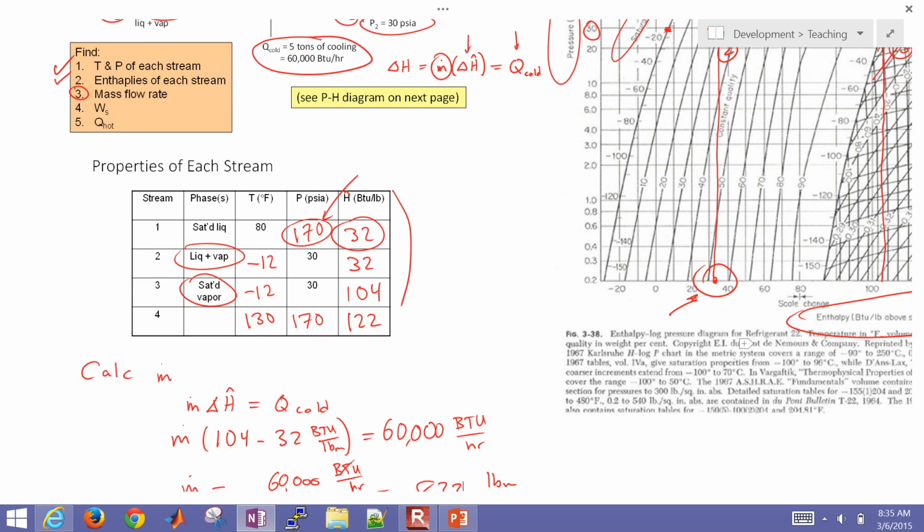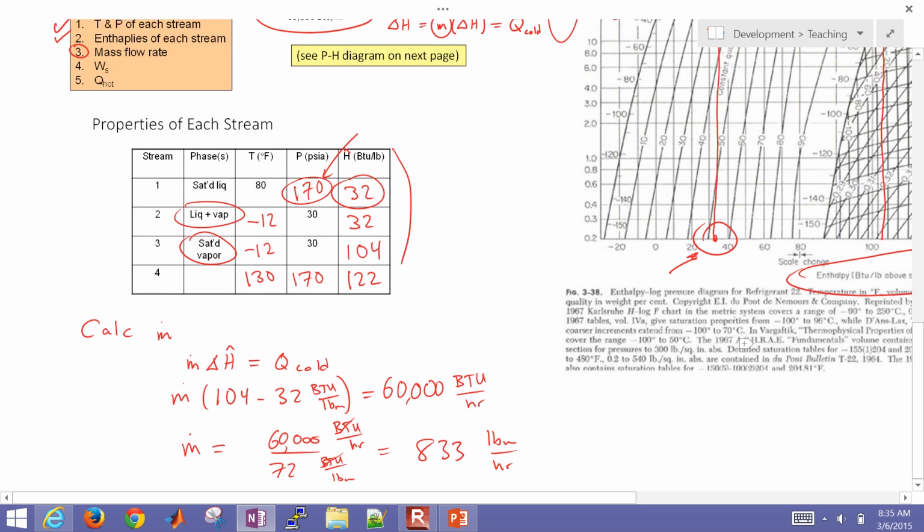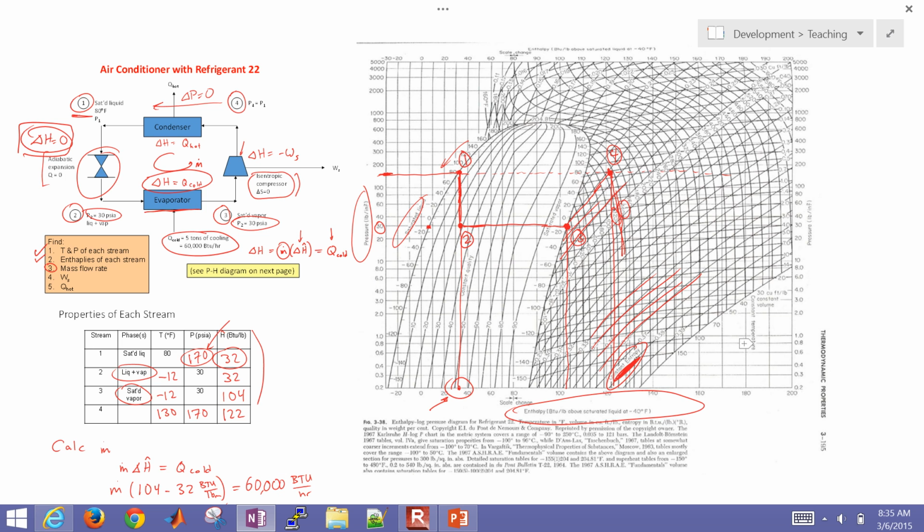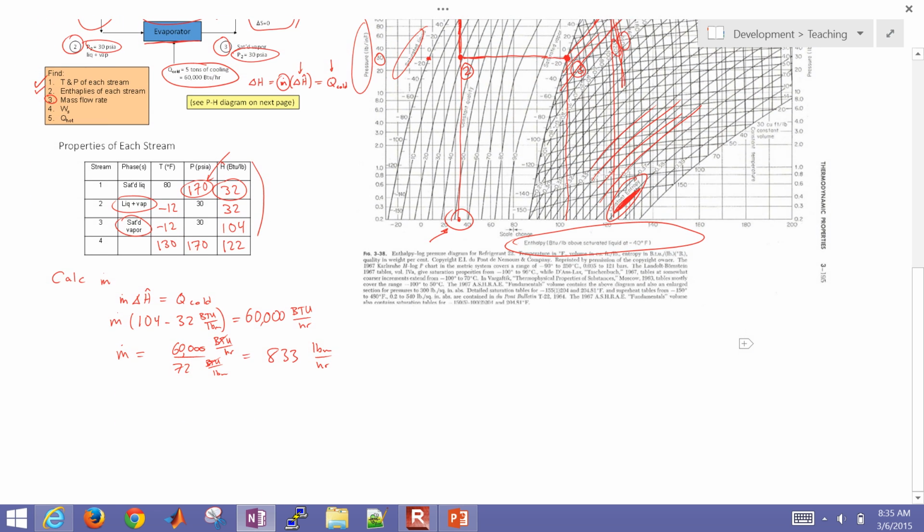Okay, so from the compressor, let's go ahead and find the work required. Now we know how much has to go through there, so let's find out how much work we have to put into compressing this. Okay, so again, let's go ahead and calculate the shaft work that's put into the fluid.